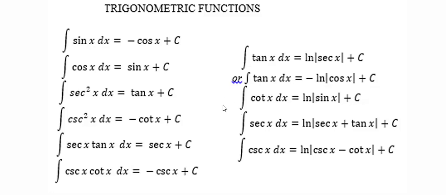Hindi kagaya sa algebraic, the only possible formula at this point ay x to the n or u to the n. Pag mayroong exponential, baka u to the n or a to the u. Pag mayroong trigo, pwedeng u to the n, a to the u, or any one of these formulas. So you include this to your list of integration formulas.